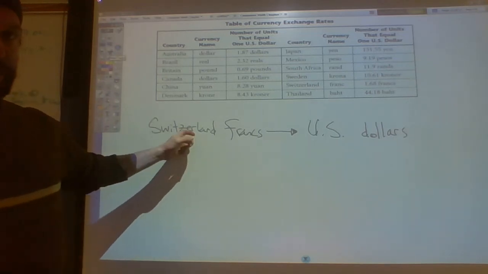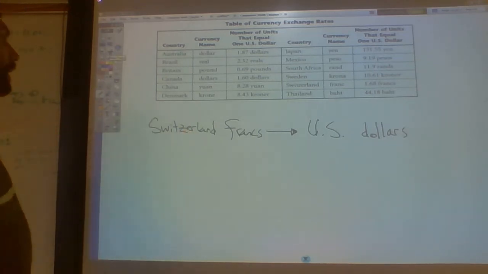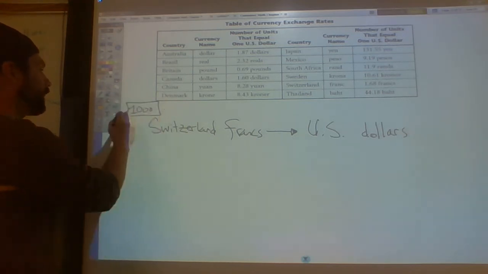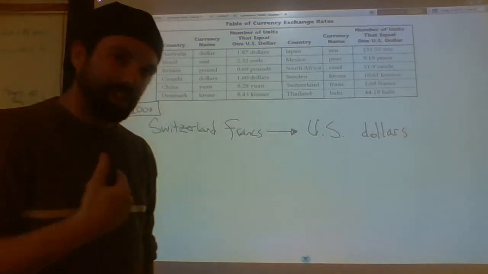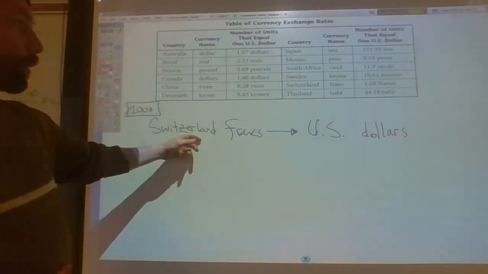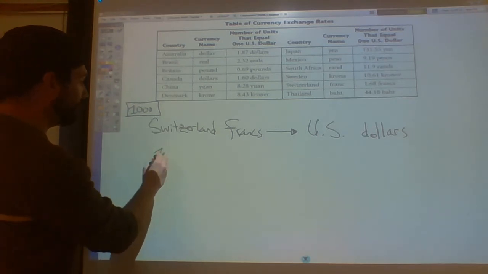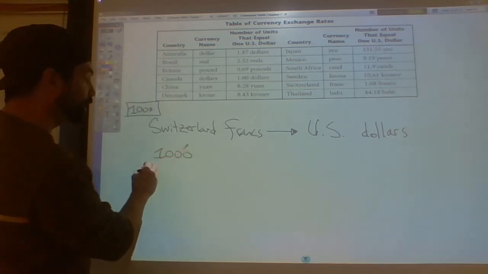Let's look at the exchange rate coming back from Switzerland. So we're going to stick with that 1,000 number, trying to make sure I don't always say dollars because it's not $1,000. Coming back from Switzerland, they have francs. So we have 1,000 Swiss francs.